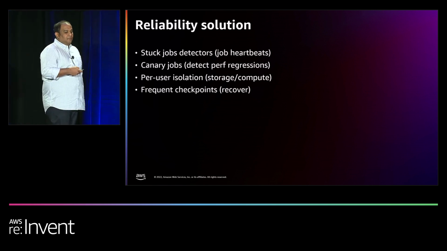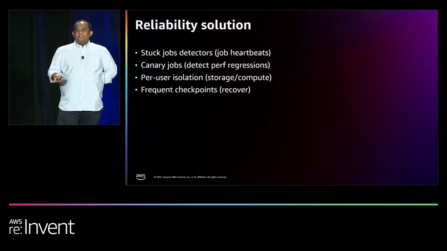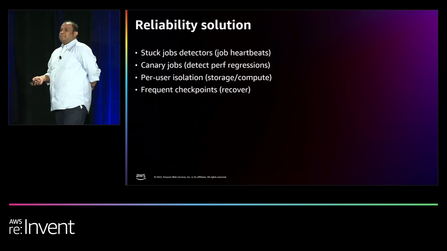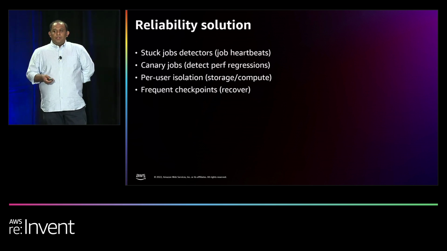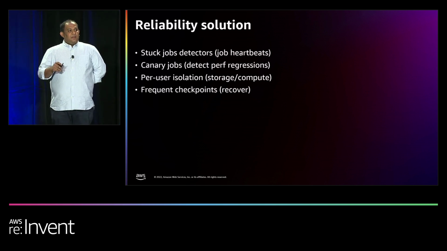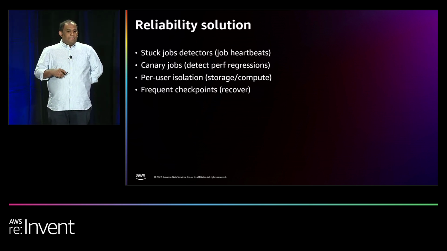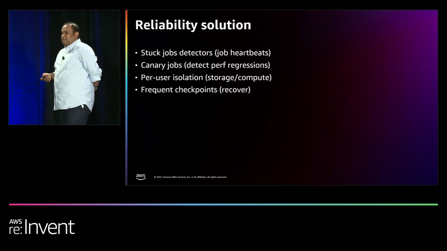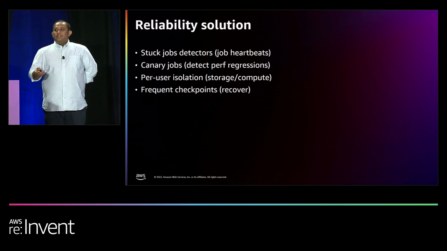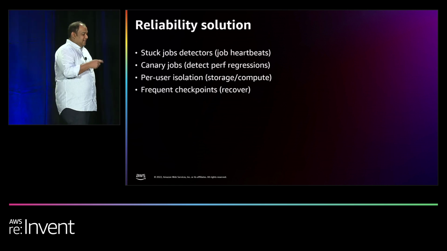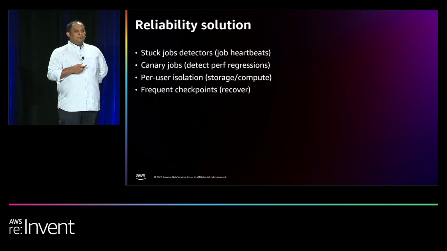And the fourth thing, we actually do frequent checkpoints for all our models. It's very important for us to have frequent checkpoints to ensure that we can retrain the model once there is a failure.